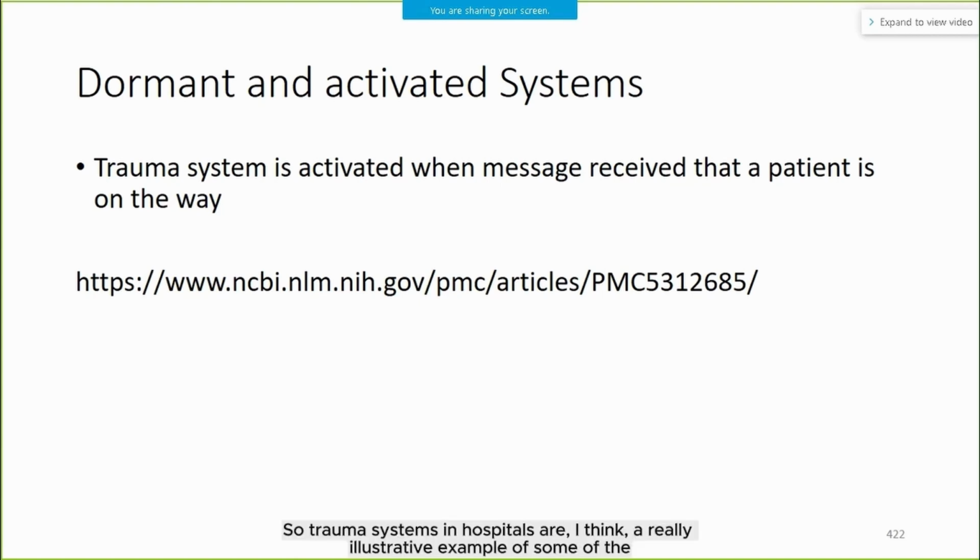So trauma systems in hospitals are, I think, a really illustrative example of some of the points I've been making. Hospitals have trauma systems, and people are trained to work within them to realize the function of the trauma system, which is to accommodate emergency patients suffering from trauma effectively, so that they are taken as quickly as possible to the right place and have the right operations performed upon them.